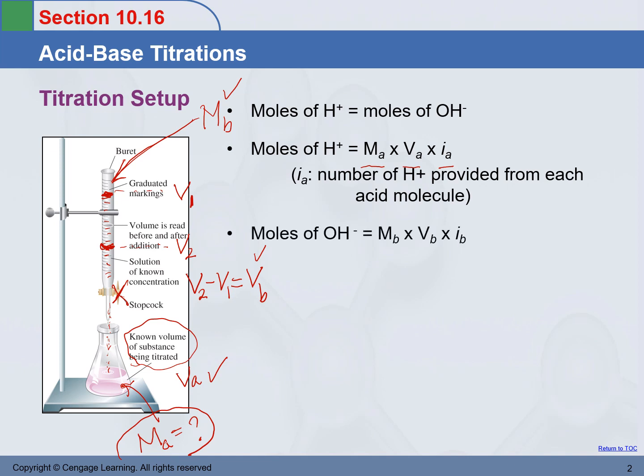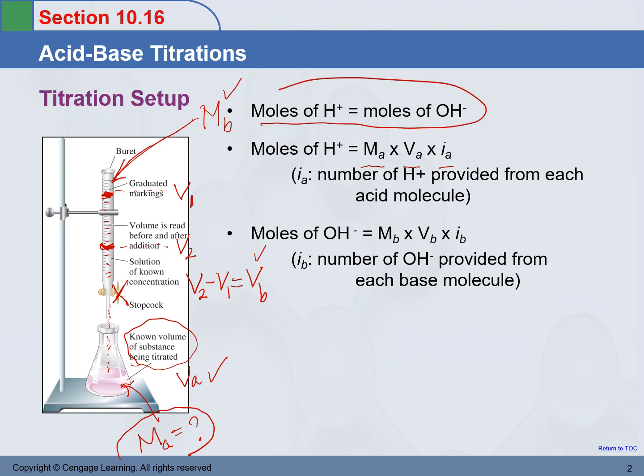Moles of hydroxide equals Mb times Vb times Ib. Again, Ib is the number of hydroxide provided from each base molecule. Well, moles of protons equals the moles of hydroxide.